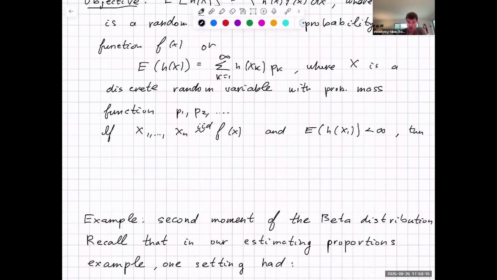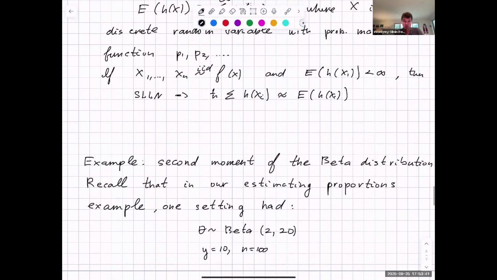Then the strong law of large numbers says that the average of h(X_i) will be approximately the expectation that I want. So if I don't know how to do analytic integration, I can just generate random samples, average them, and that will give me what I want. That will be our numerical estimate of the integral, which we sometimes call H_N bar.